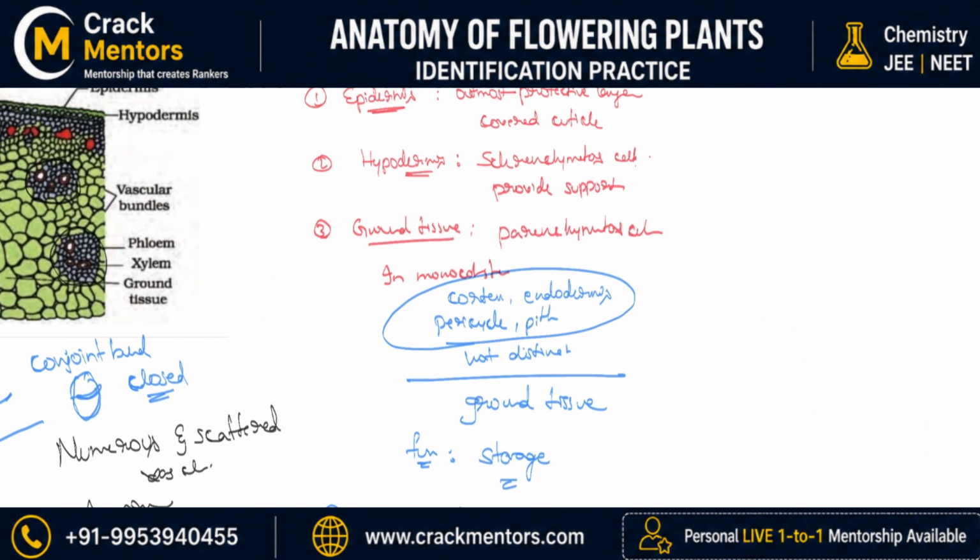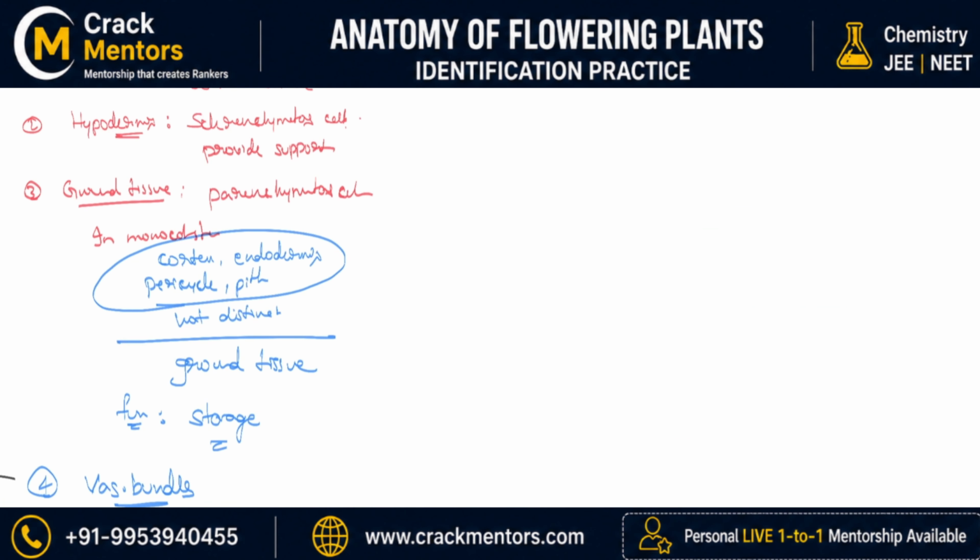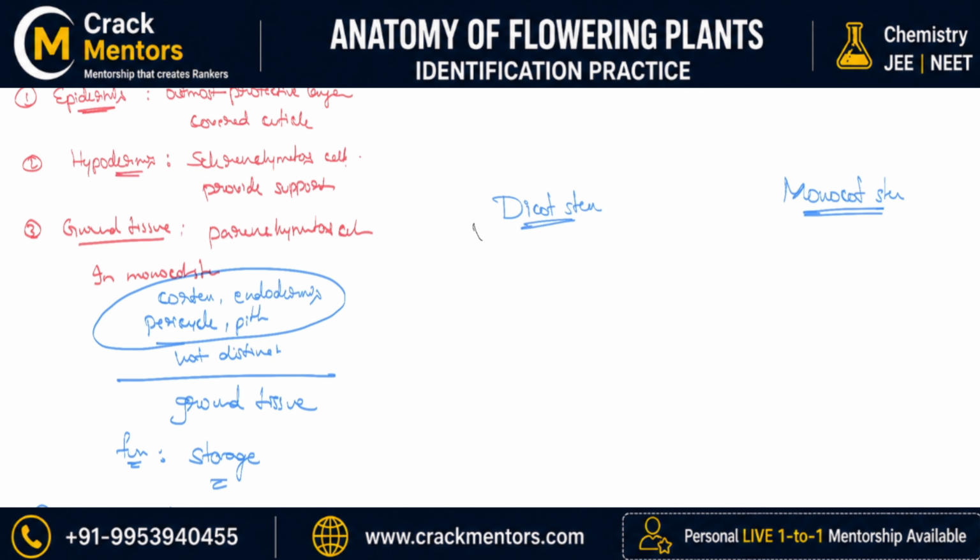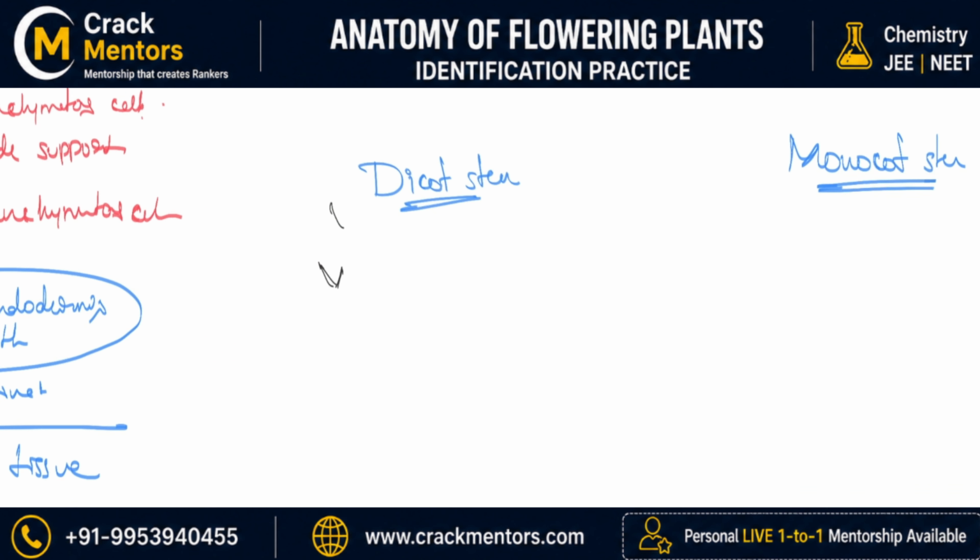Now we will see the key differences between a monocot stem and a dicot stem. First, looking at a dicot stem and a monocot stem. In the dicot stem, the vascular bundles are in a ring, in a radial arrangement.